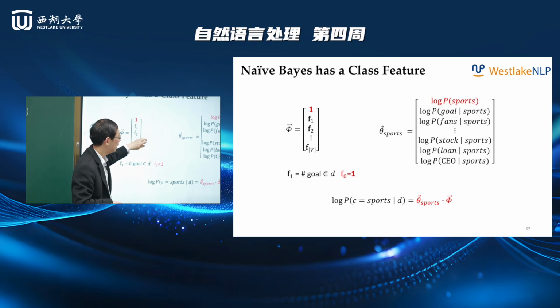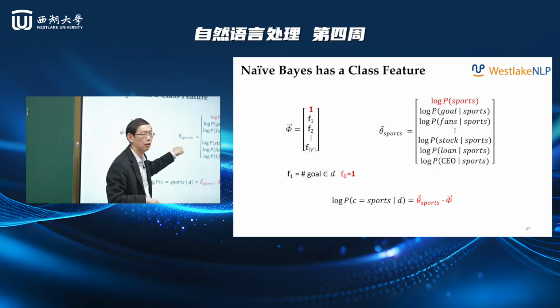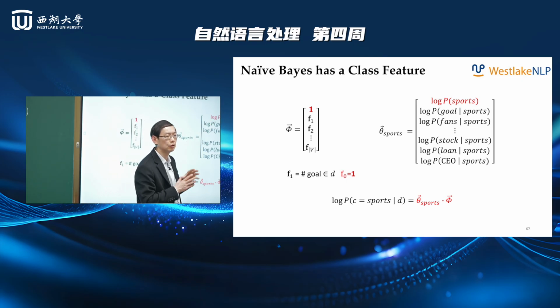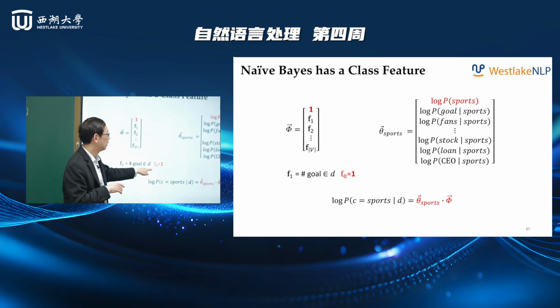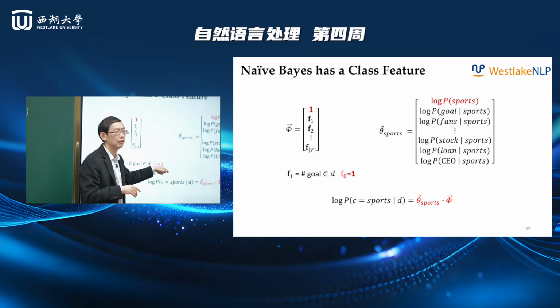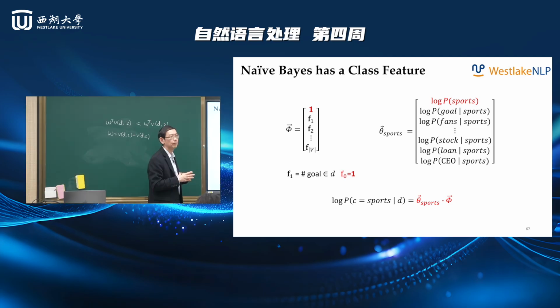And then you change the vector of your parameters by putting log PC into the top, okay? And if you do this, you simply do the dot product, it's still the naive Bayes model, right? So this gives us a hint. We can do the same by extending my representation vector for perceptron.